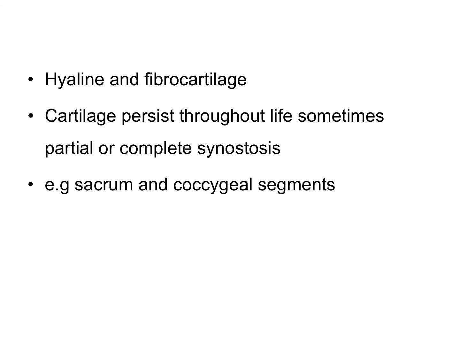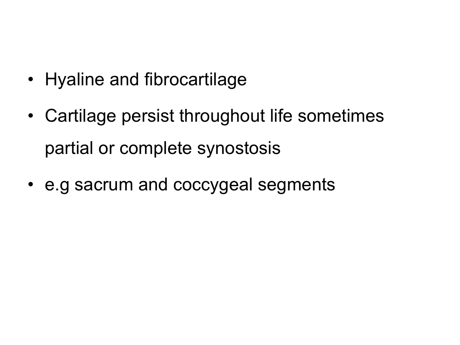This is called a secondary joint because this persists throughout life. Here the cartilage persists throughout life. Sometimes it may be partially or completely ossified, and this bony union is known as the synostosis.